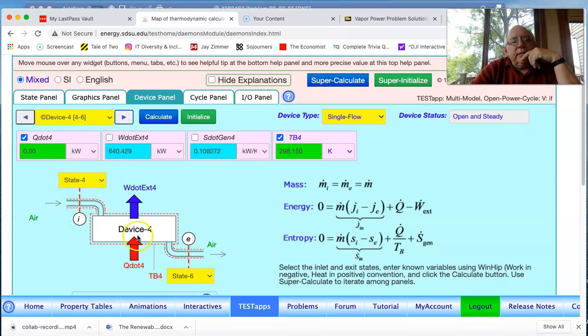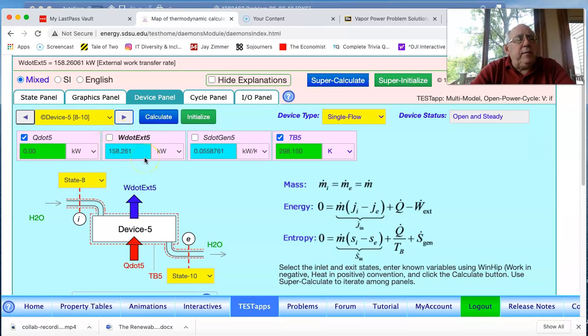Device 4 was the turbine, the gas turbine, and how much work it generated as the air expanded down to 100 kPa. And then we had the steam turbine over on the right side as it went from state A through to the actual state 10. And this is how much work that the steam turbine generates.